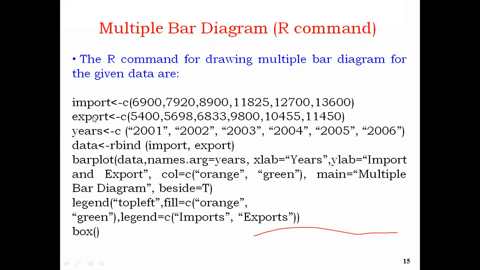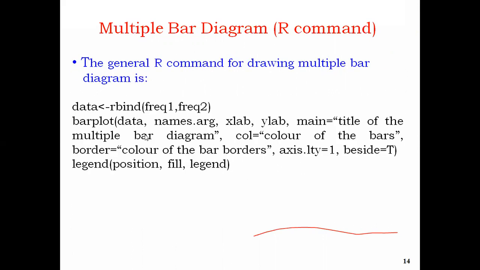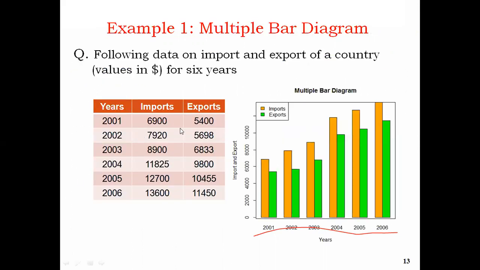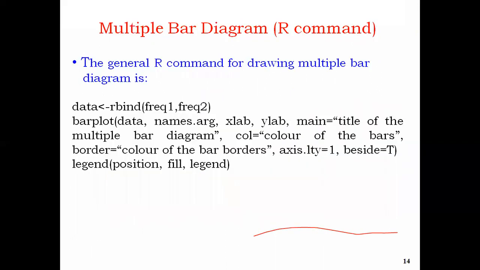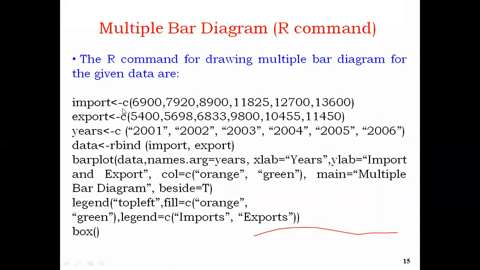So now you see import, export. Our data is on imports and exports. So imports and exports we are going to show here as our multiple bar diagram. So we are writing the imports and the exports also here. Now see years. Okay, years is what? 2001 up to 2006 we are writing.